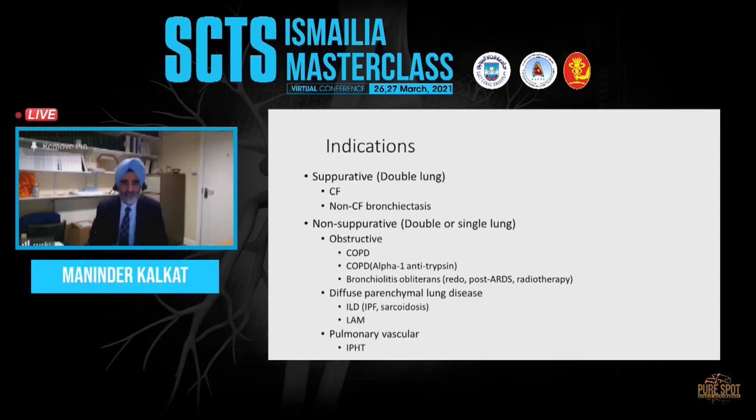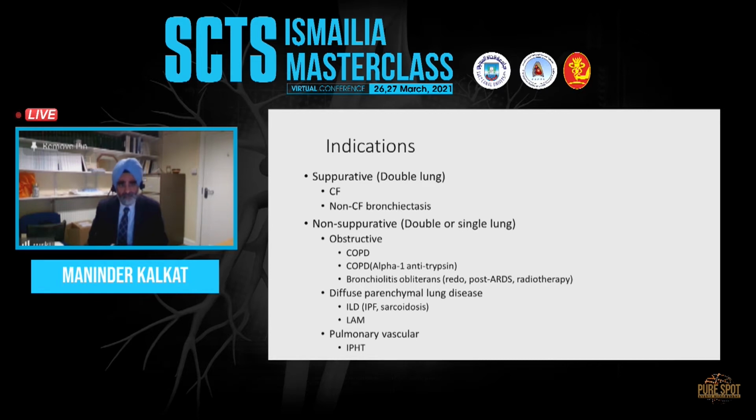So the indications are quite standard. They haven't changed over the last many years, and are basically divided into suppurative and non-suppurative indications. In the suppurative one, it is cystic fibrosis, which has got good outcomes. And then there are certain cases of extensive bronchiectasis, which is non-cystic fibrosis related, where we have listed those patients.